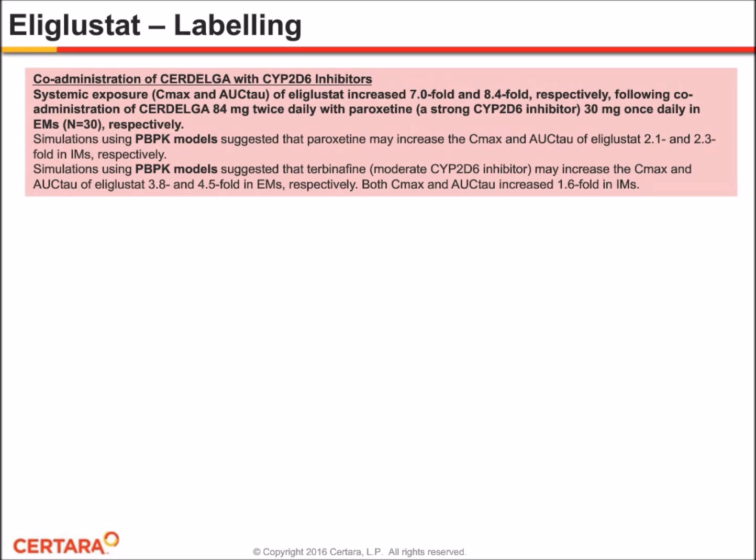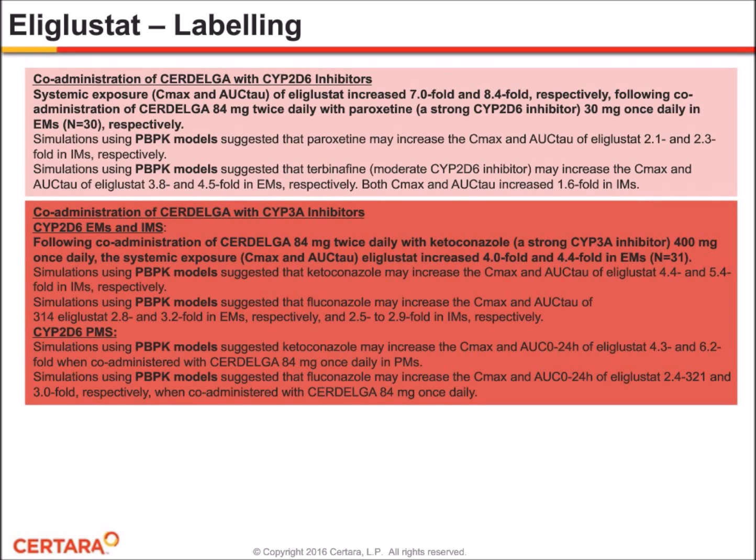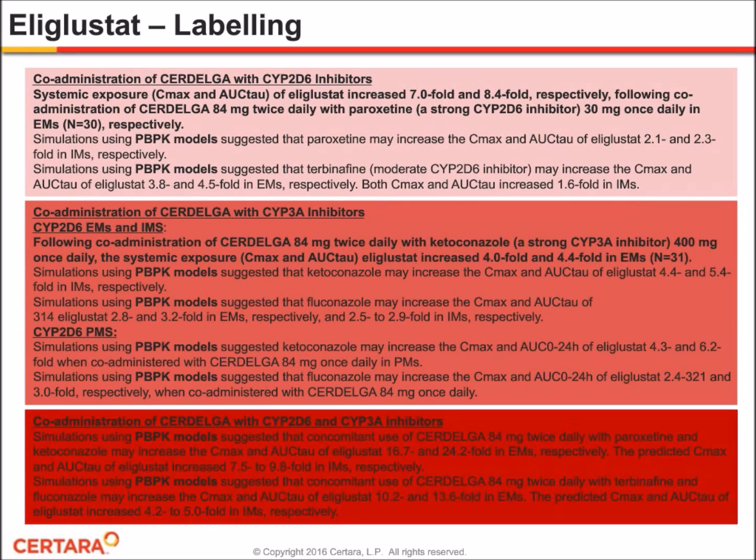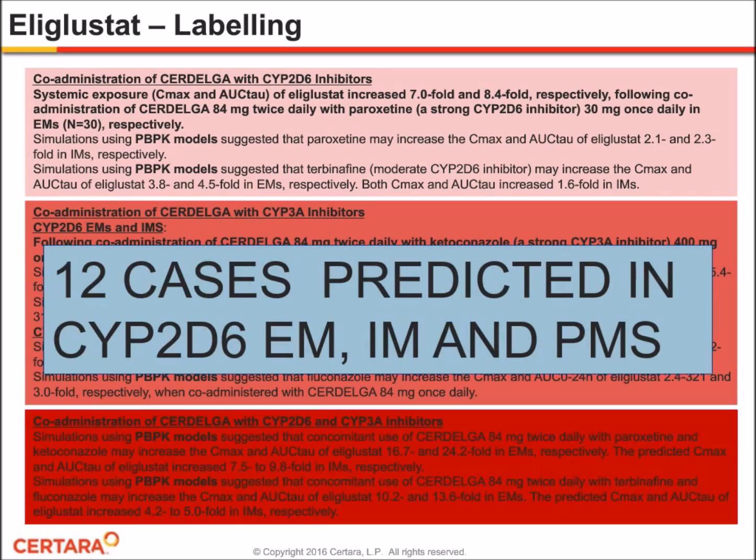The label recommends that when Cerdelga, or eliglustat, is administered with CYP2D6 inhibitors, CYP3A inhibitors, or both CYP2D6 and CYP3A inhibitors, a dosing adjustment is required in order to not see any overexposure or adverse effects of eliglustat in the patients. Overall, 12 cases were predicted in CYP2D6 EMs, IMs, and PMs in terms of the dosing recommendations.